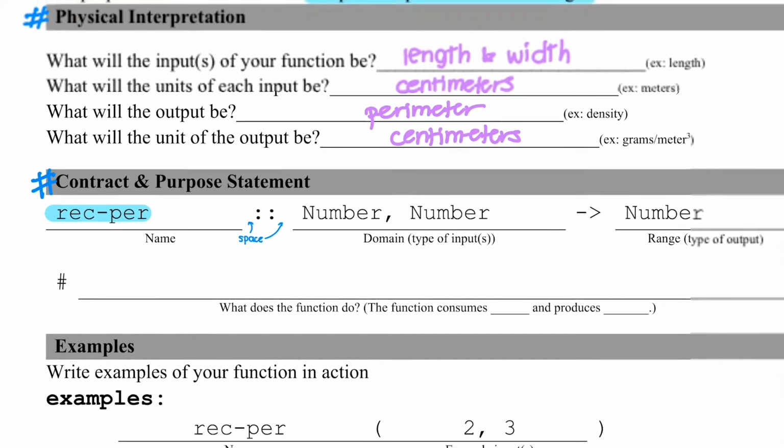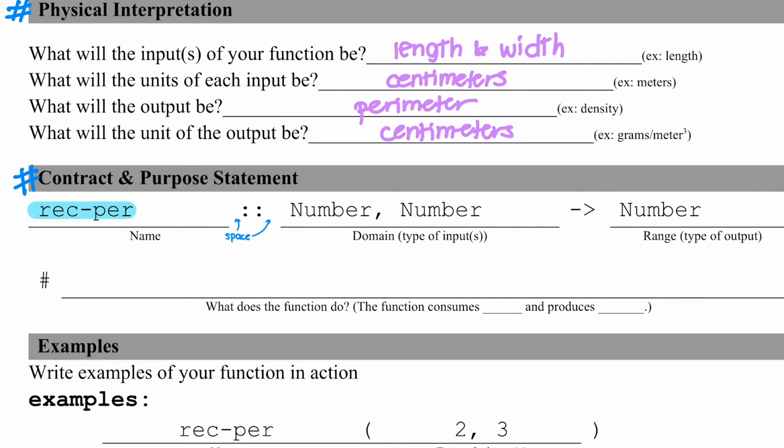And the data type of our first input is going to be a number, and the data type of our second input is also a number. Lastly, our output will be perimeter, which has a data type number. And remember, data types are always capitalized.